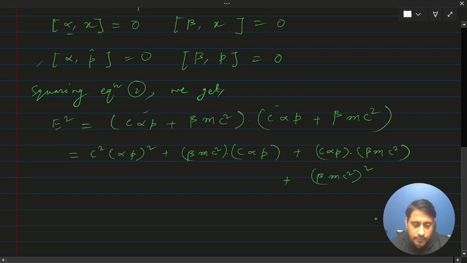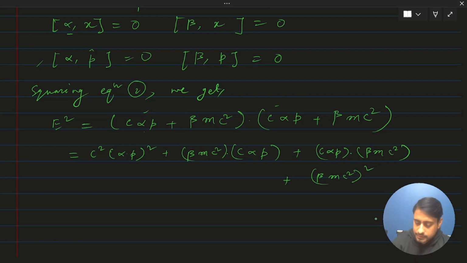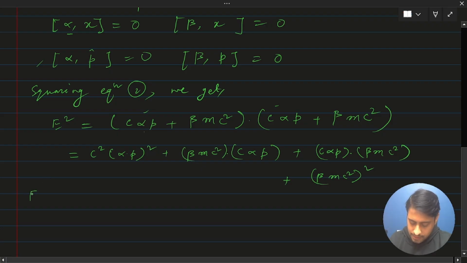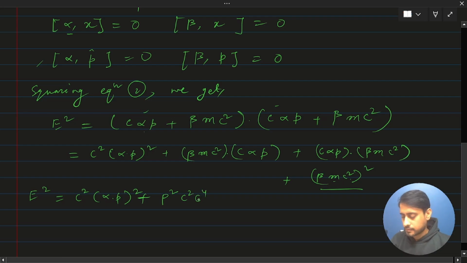So if you simplify, you will get E squared equals c squared (alpha·p) whole squared, plus, let's write this as a second term, beta squared m squared c to the power 4. So we now get rid of the first and the last term.